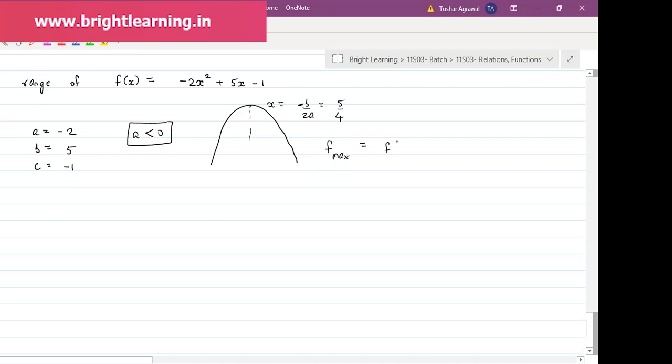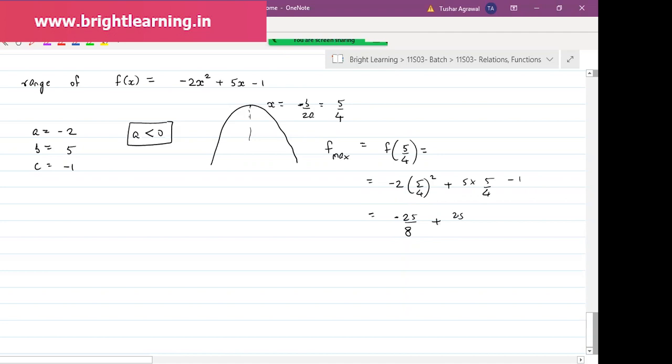So f maximum is equal to f of 5 upon 4, correct? f of 5 upon 4 will be -2 times (5 by 4) whole square plus 5 into 5 by 4 minus 1. So this turns out to be 25 upon 16, and this 2 I just reduced it.